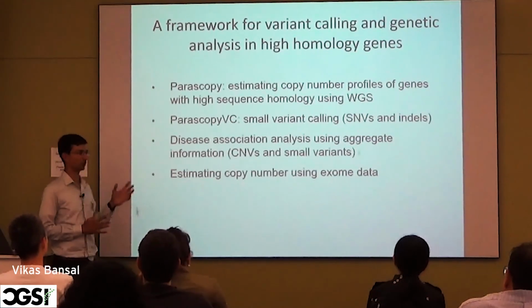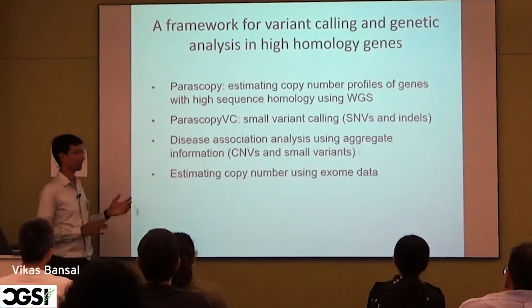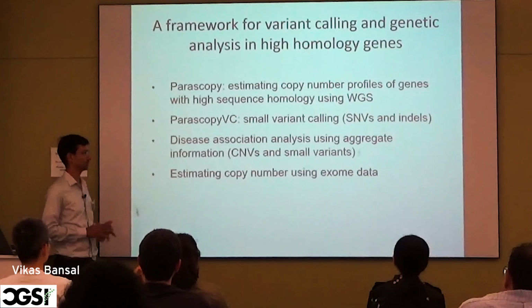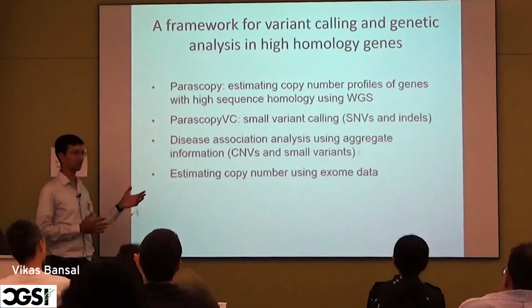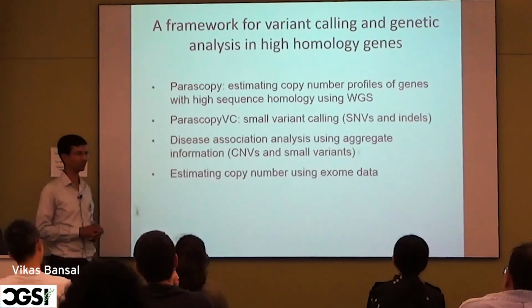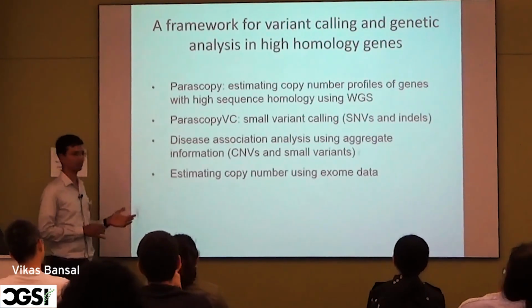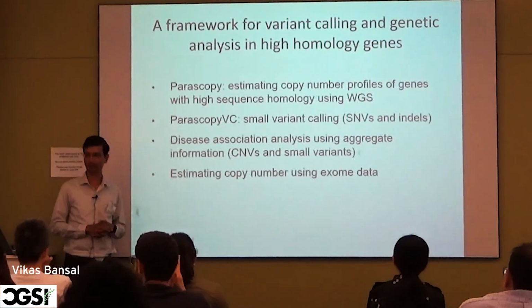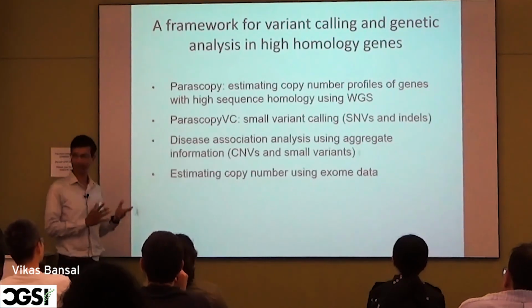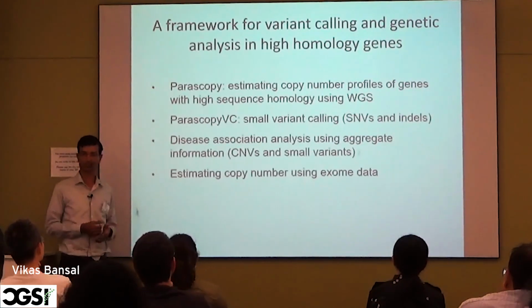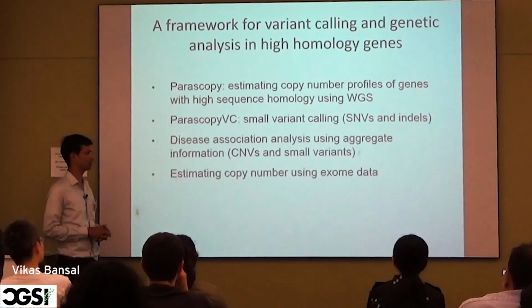We developed a tool called Parascopy for that, and I'll talk about that in detail. We've also developed a variant caller, Parascopy VC, which adopts the same approach that I mentioned for the PMS2 gene, but it works for pretty much any gene in the human genome that has high sequence homology.